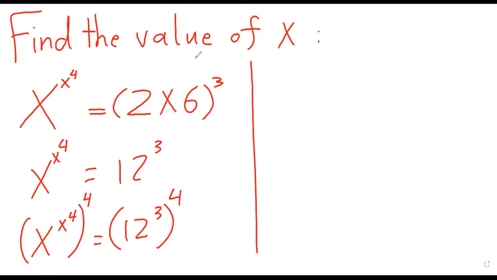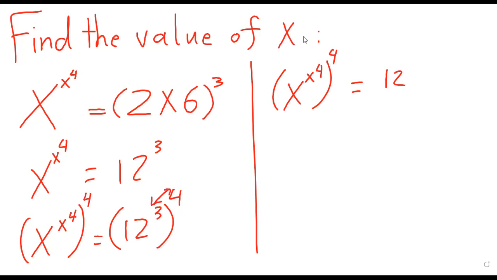Now just take this and make it like base and its exponent. I'm going to say that x to the power of x to the power of 4, all to the power of 4, equals 12 to the power of what?